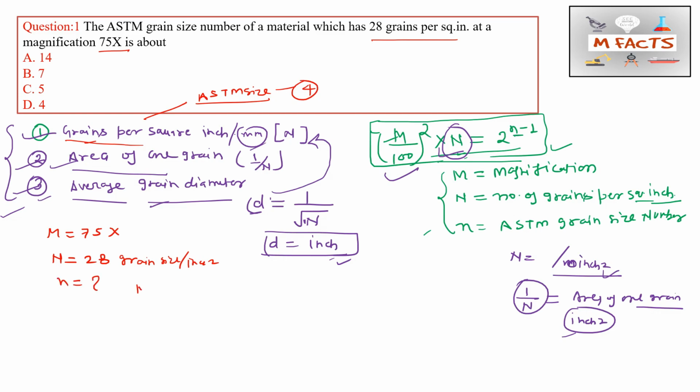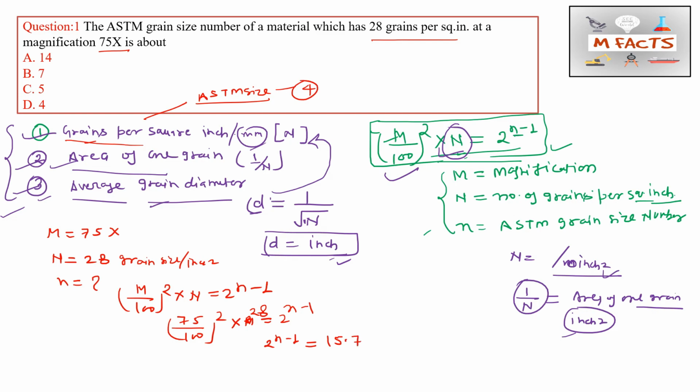How can we calculate? (M/100) whole square multiplied by 2 to the power n minus 1. Okay, we will put these values. 75 by 100, multiplied by 2 to the power n minus 1. This N value is also given, this is 28. So what we will do, we will write like that, 2 to the power n minus 1 is equal to that will become 15.75.